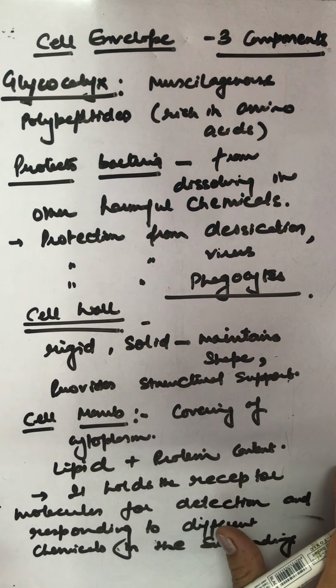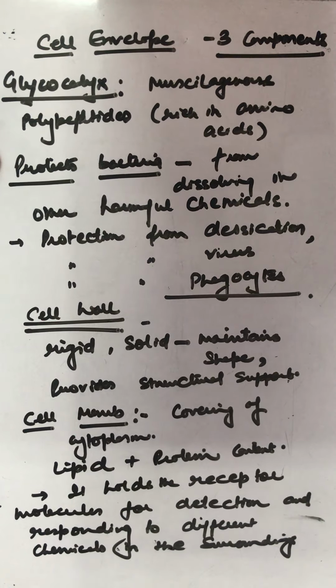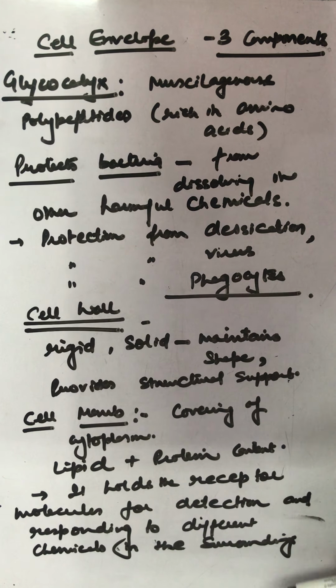Now we are moving to what else is there in the cytoplasm, which is known as a crystallocolloidal structure.